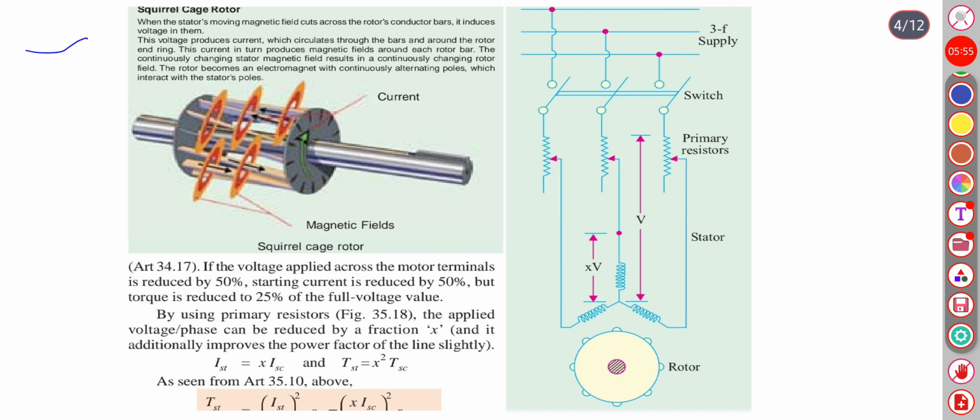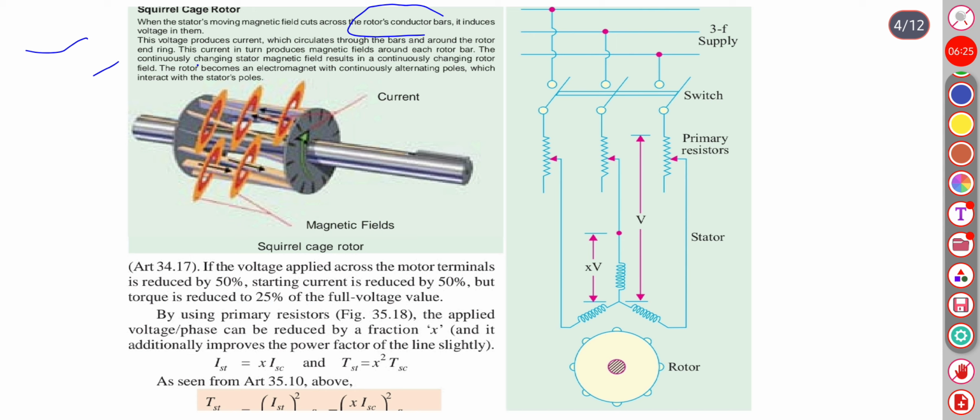In the squirrel cage rotor, when the stator field is moving, the magnetic field cuts across the rotor conductor bars. It induces voltage in them. This voltage produces current which circulates through the bars and around the rotor end rings. This current in turn produces a magnetic field around each rotor bar.